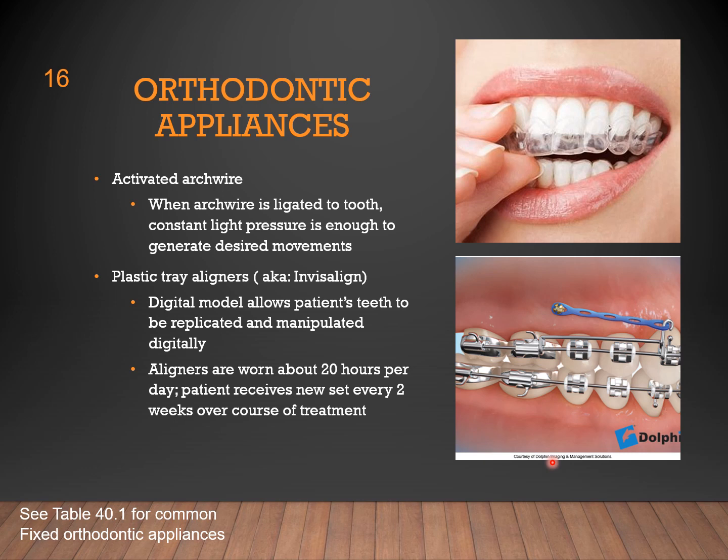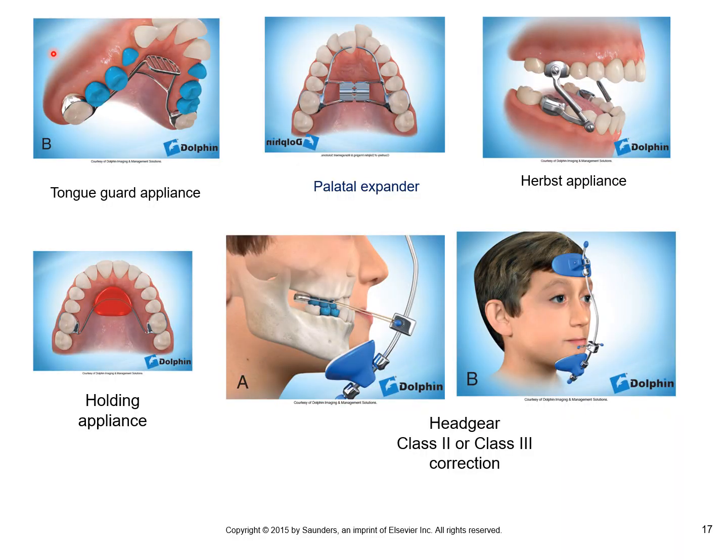Sometimes we may see them worn a little bit longer. And again, that depends on the patient. Their compliance, a lot depends on that. A lot depends on the severity of the case as well. So there might be brackets, there might be tubes, there may be palatal appliances, and then again, some of these, like these anchoring devices that are located in the gingiva or in the tissue. Shows a few of the different devices that may be used.